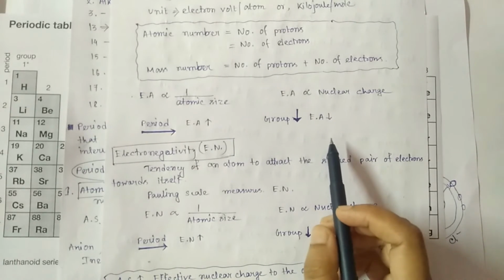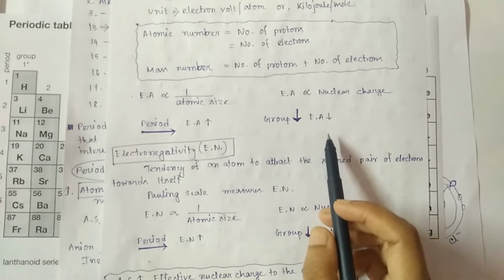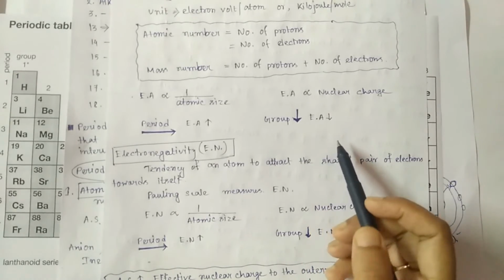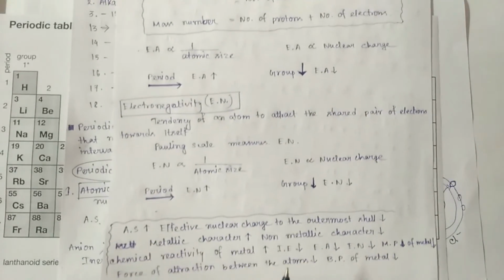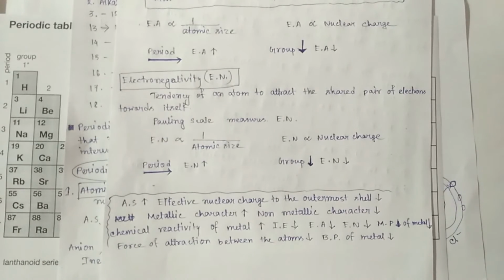That is why electron affinity will also reduce. So this is all about electron affinity. I hope you understand, but if you have any doubt, you may ask me in the comment section or just mail me, and I will explain definitely. So let's move on to electronegativity.